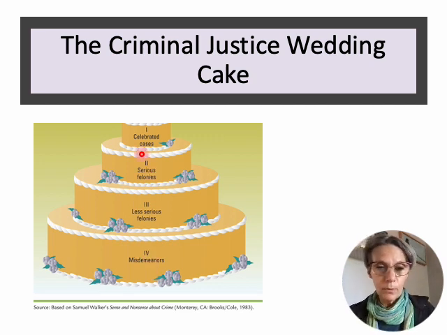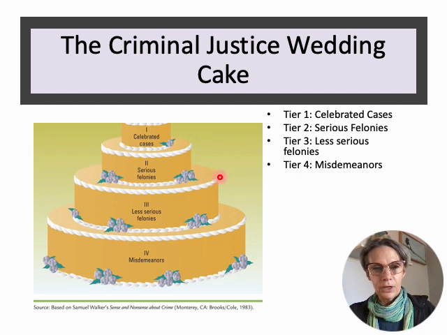And so what the criminal justice wedding cake model is basically theorizing, and it plays itself out in the criminal justice system, we see this as being one of the norms, or assumptions, adopted by the courtroom work group, is that it's the cases on the lower level that should get the least attention from the criminal justice system. It's the misdemeanors and the less serious felonies that should really be streamlined, okay?